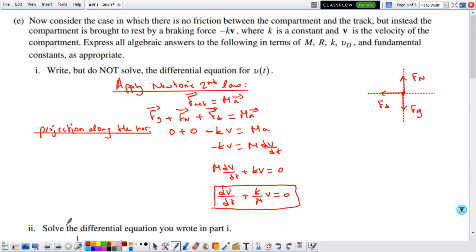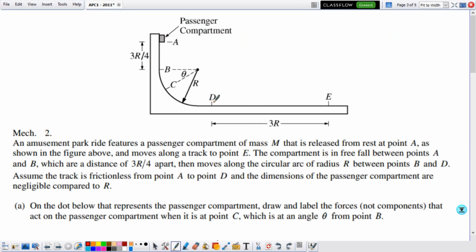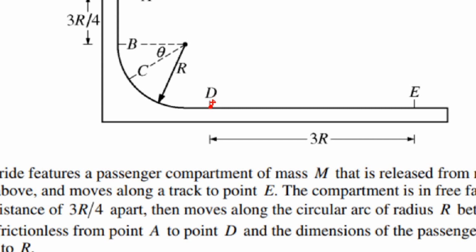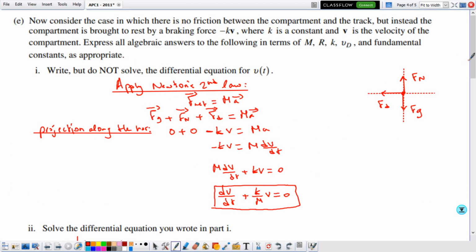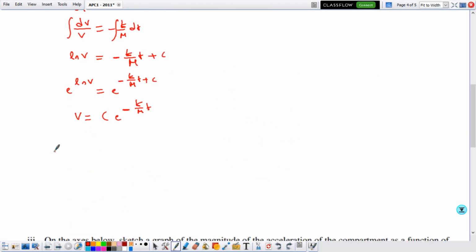Starting at the point D, which represents our instant, initially at the point D our speed is given by Vd and not 0. We have an initial speed. Then we can say that at t equals 0, Vd equals c e to the power 0.